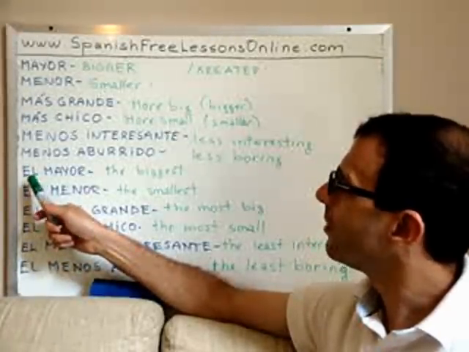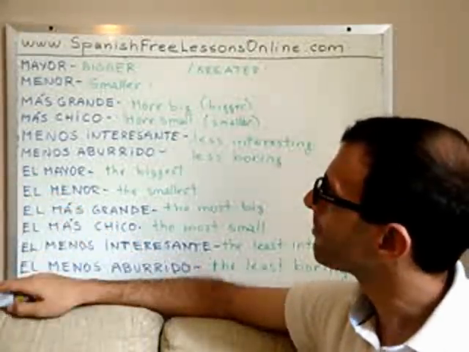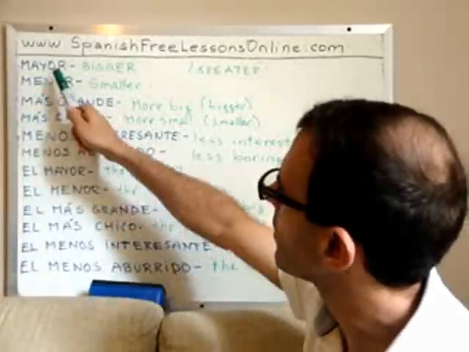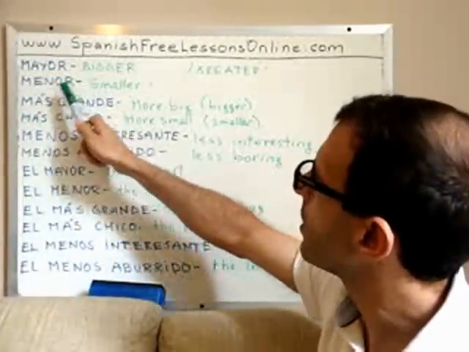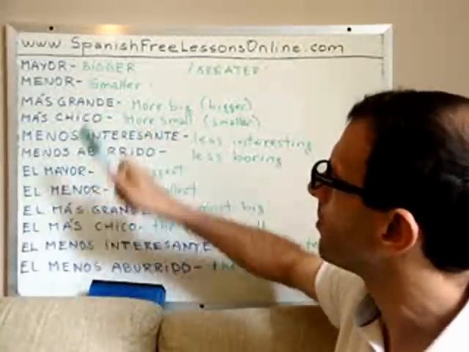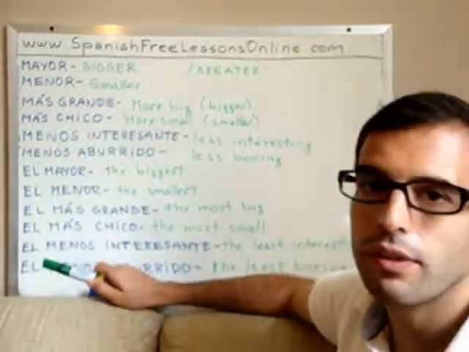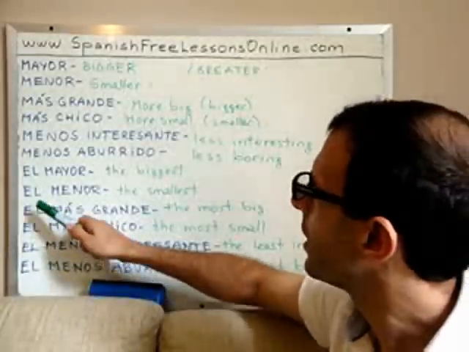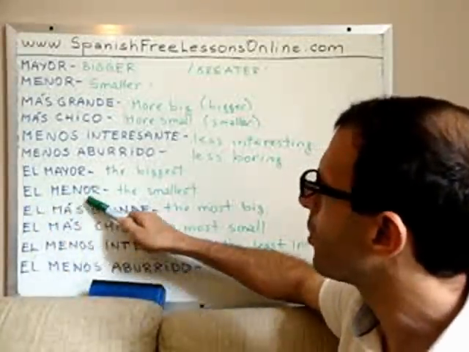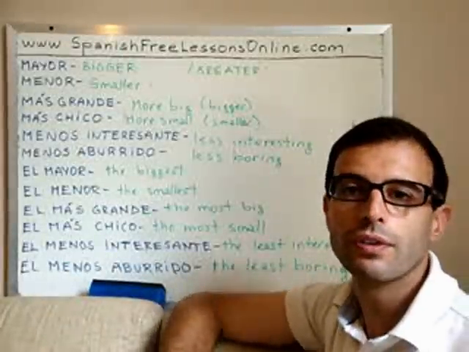Okay, now superlatives, okay? We have seen that mayor means bigger, menor means smaller. El mayor means the biggest. El menor means the smallest.